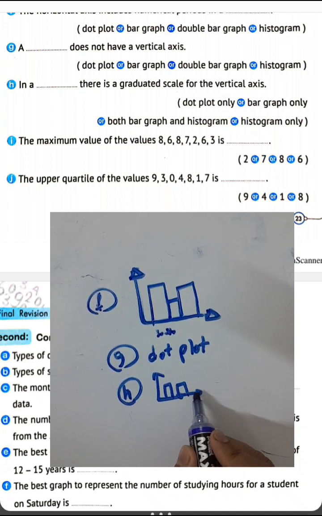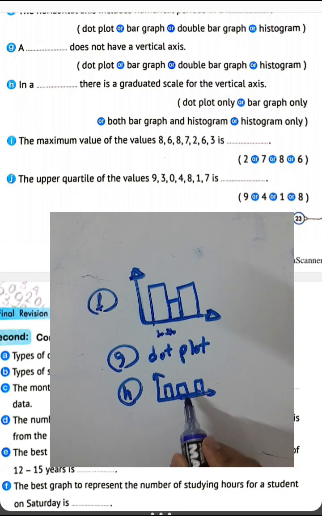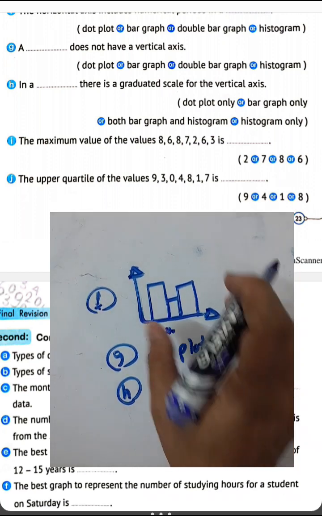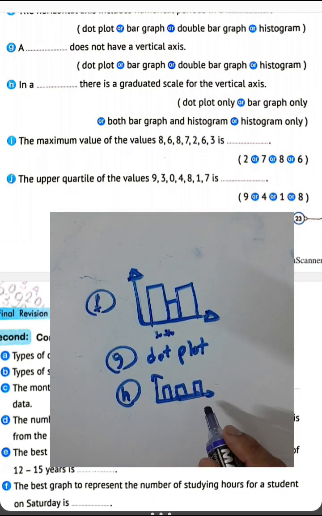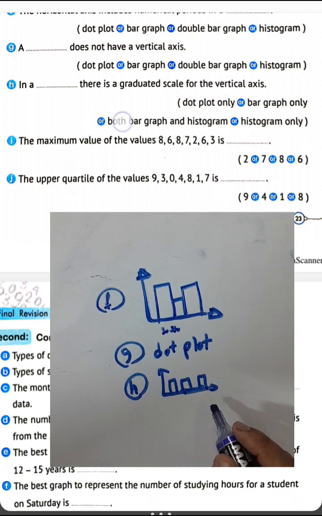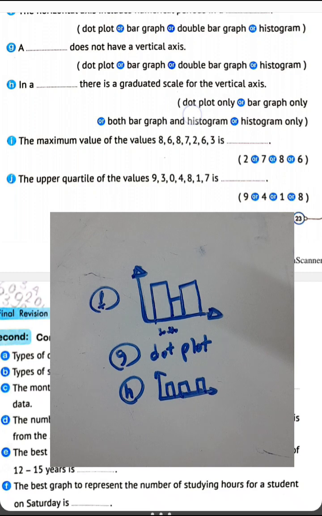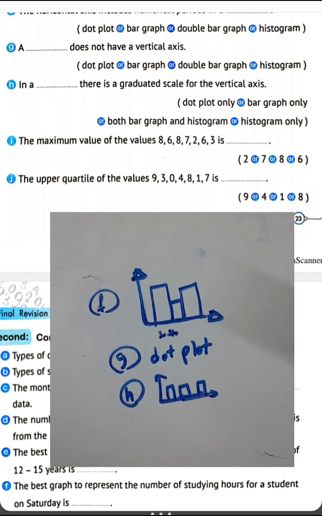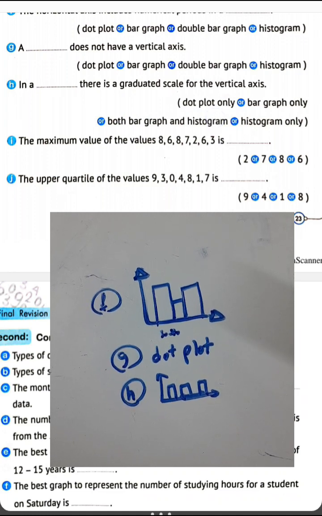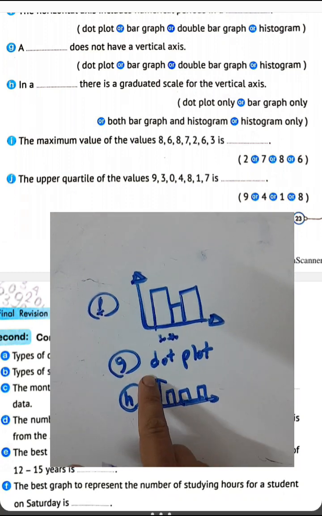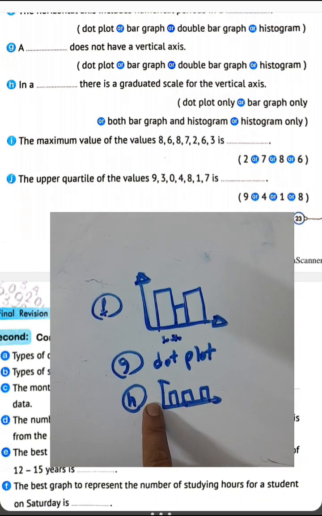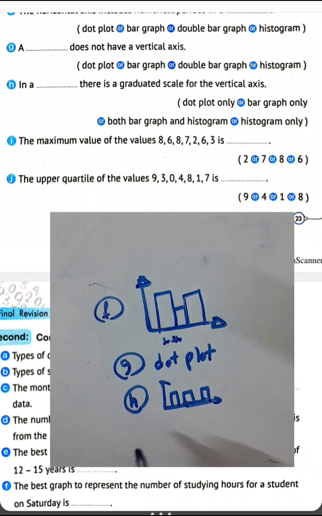So the vertical axis lies in the histogram and bar graph. So you must choose the third choice here, both bar graph and histogram. He asked about what? In what is there a graduated scale for the vertical axis. We call this the vertical axis. The vertical axis lies in histogram and bar graph.